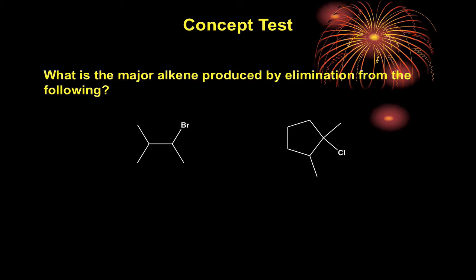So I want you all to take a couple of minutes. What is the major alkene produced by elimination from the following?